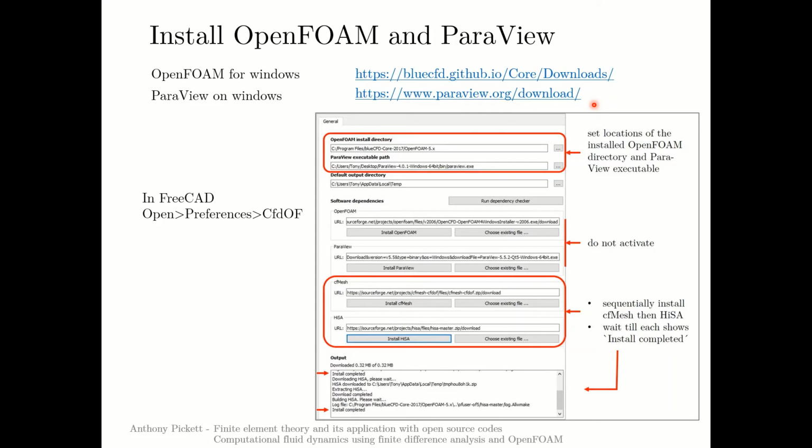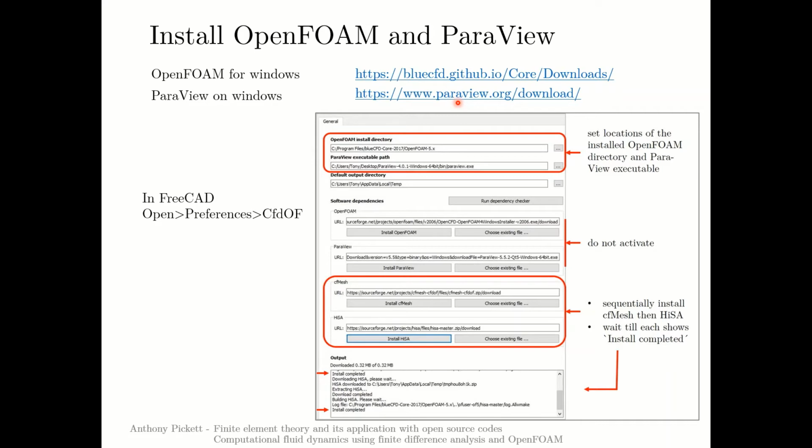For the OpenFOAM code, you need to note the directory where you install it. You probably can't see it here, but I installed it under Program Files, and it's important to note where the upper directory is. And the ParaView, similarly, install that somewhere on your computer, but you will need to know where that executable is.